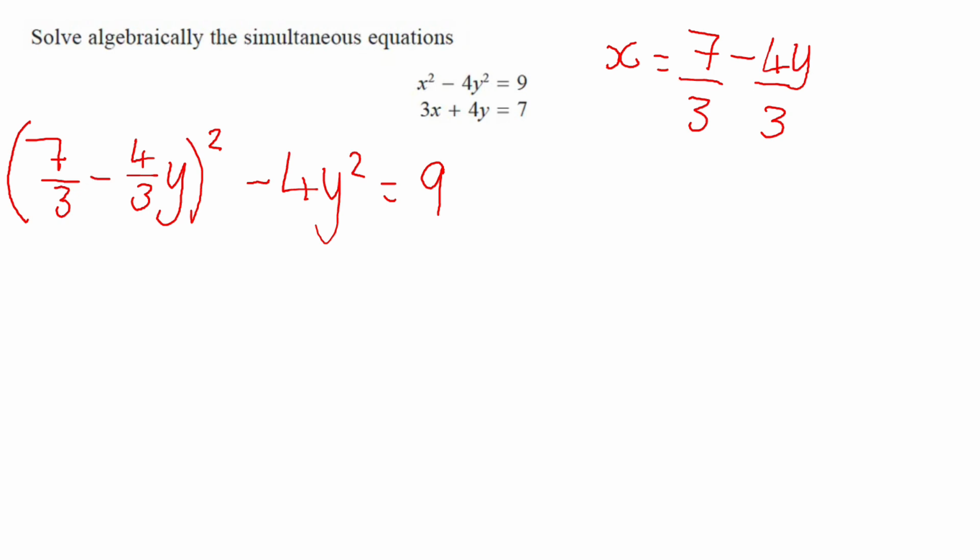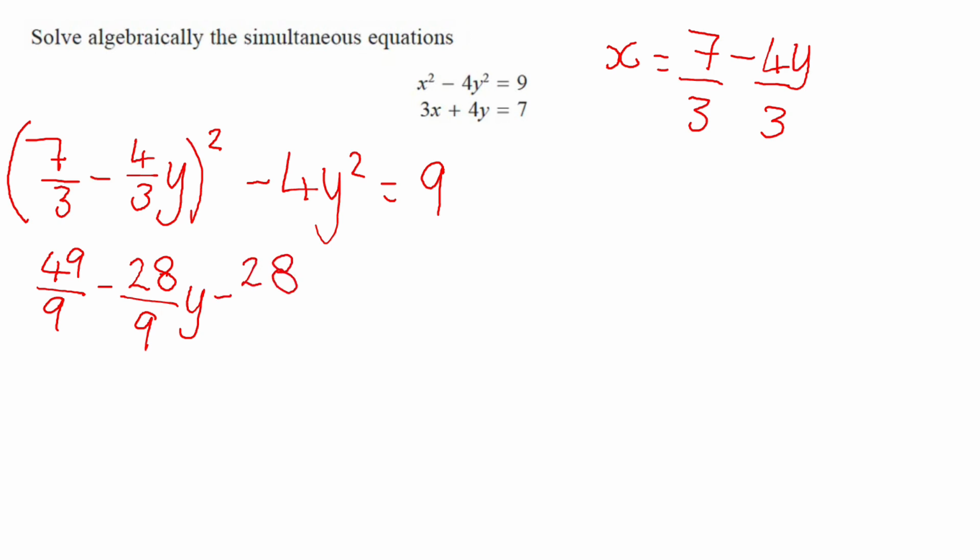So when we expand that out as a double bracket, you will get 49 over 9. Remember to use your calculator to check your numbers because you've got to use your resources that you have available to you, and this is from a calculator paper.